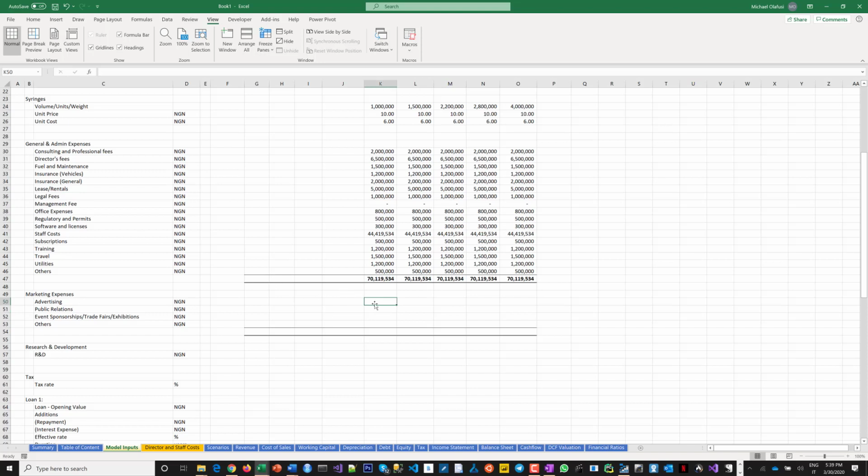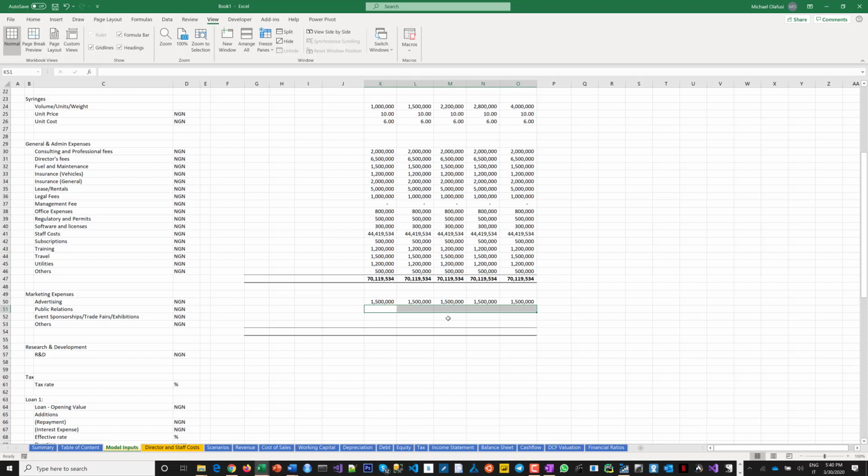For marketing expense, if the company feels it's okay to spend on advertising, say 1,500,000 a year, and then on public relations, things like sponsored newspaper, some events, well, things that fall under PR generally.